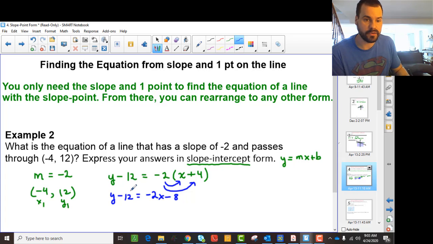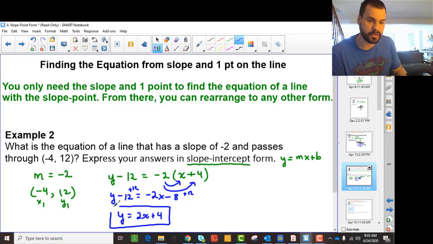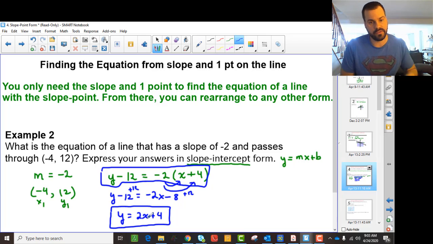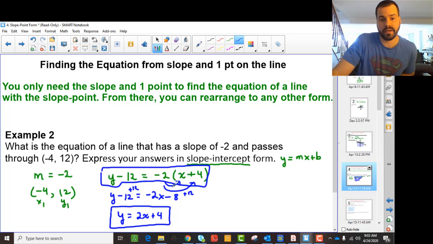And then all we do is add 12 to both sides of this equation to get rid of that 12 and get y by itself. So we get y is equal to -2x plus 4, okay, -8 plus 12. So there's my slope-intercept form. So from point-slope form, or slope-point form, depending on how you want to say it, you can get to the slope-intercept form just by expanding and solving for y.